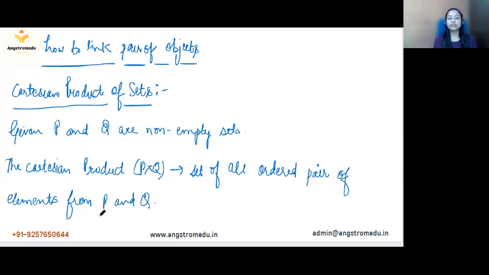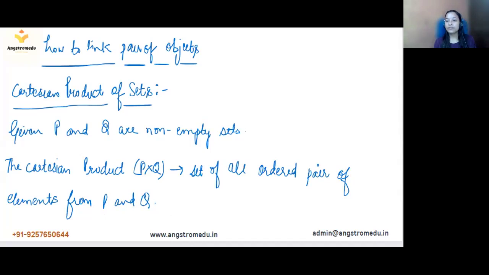What we are doing, we are taking an element from P, putting a comma, then taking an element from Q and writing those elements into a bracket. That's it.